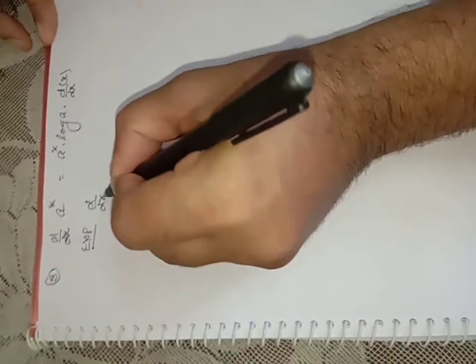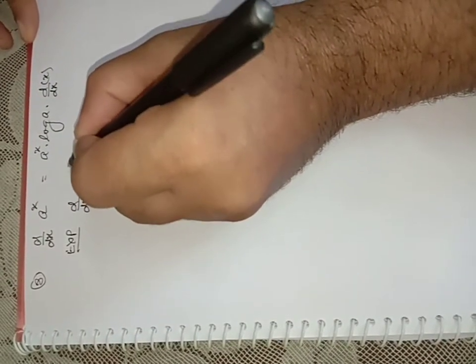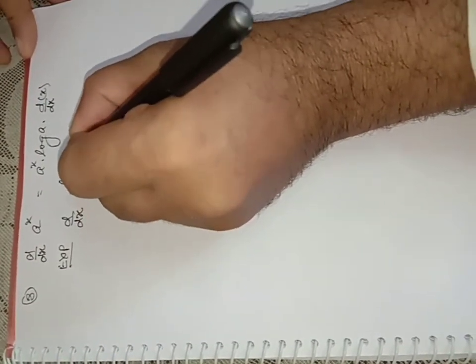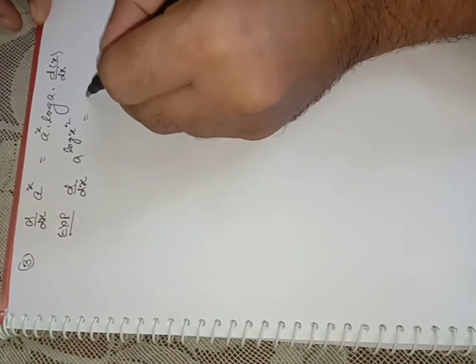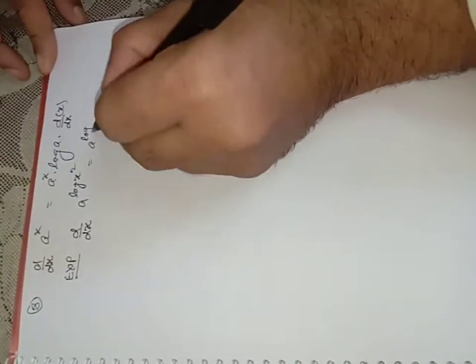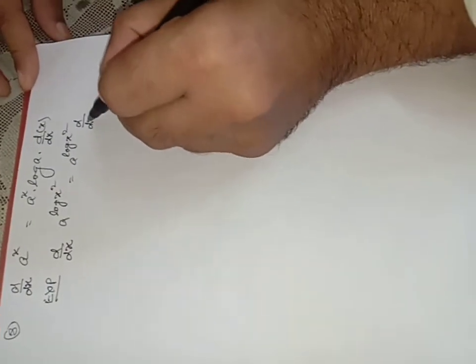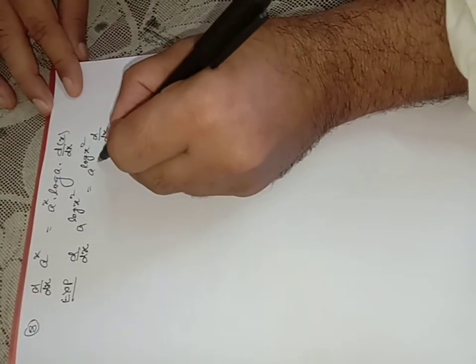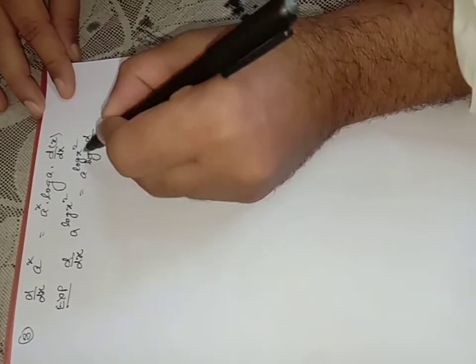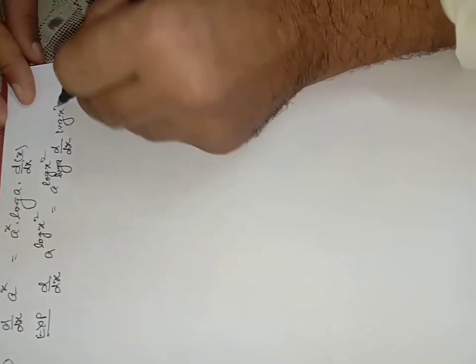differentiate a power log x square. It will remain a power log x square into log a into d by dx of x, and which is here log x square.